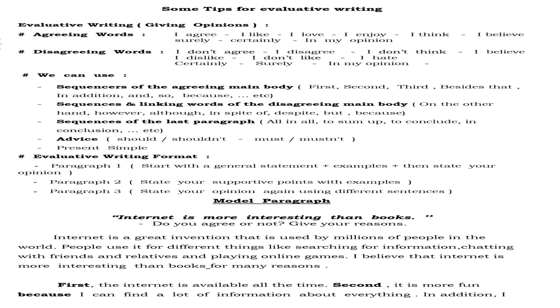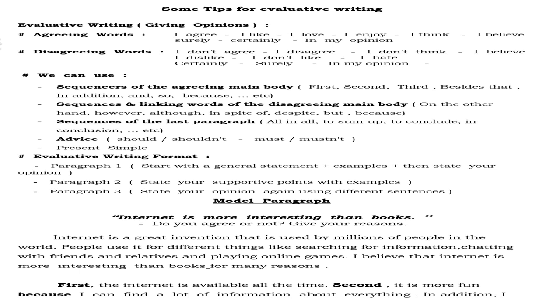We can use sequences of the agreeing main body like this: first, second, third, besides that, in addition, and so, because, etc. Sequences of disagreeing main body: on the other hand, however, although, in spite of, despite, but, because.